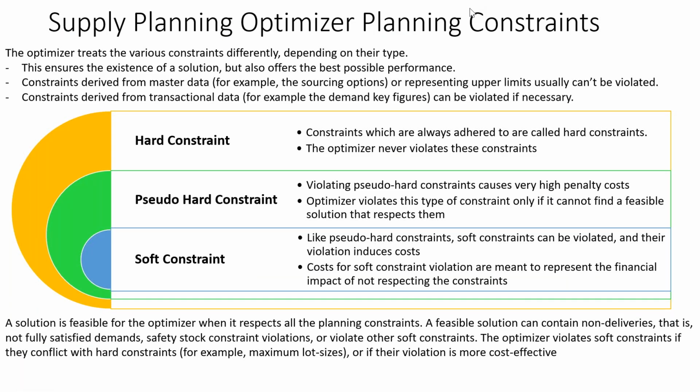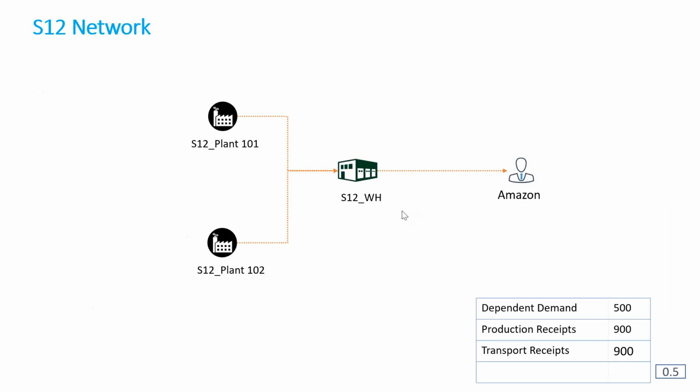So yeah, now let's come to the supply planning optimizer. Because the name itself is saying optimal, it comes up with an optimal approach. Right? So for example, if we take the same example in here, a simple network, there's a demand of 100 at Amazon. So now this is my network.